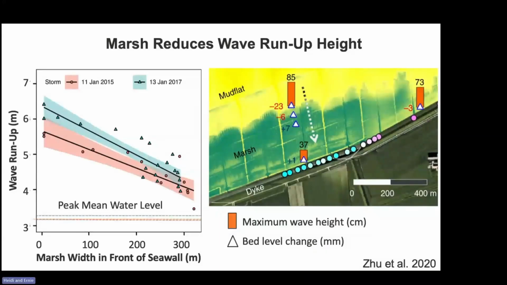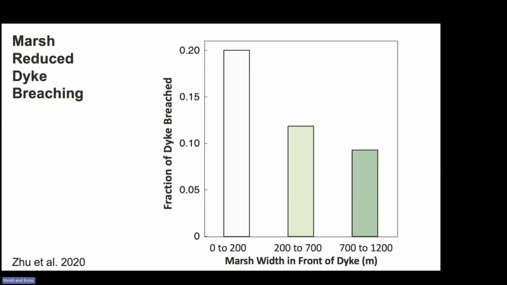In the same study, they considered dike breaching, analyzing records from the 1717 Christmas flood. They show here the marsh width on the horizontal axis and the fraction of the dike length that was breached on the vertical axis. And the study found that a larger marsh width was associated with a smaller fraction of dike area breached.